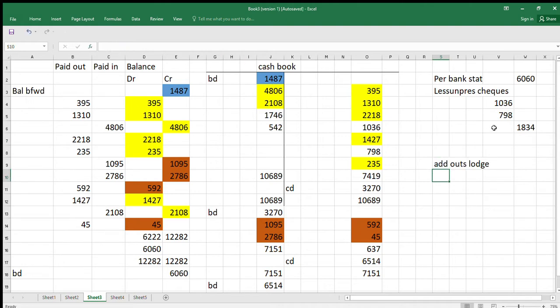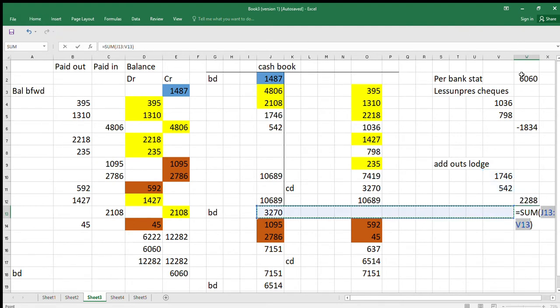Okay, so let's just minus that. So we minus those ones there, and then let's put in our outstanding lodgements. We add those on to our bank statement figure here. Okay, and we add all of that up there.